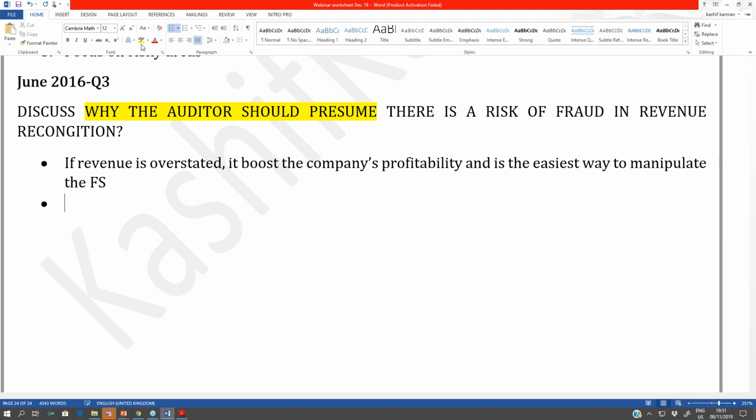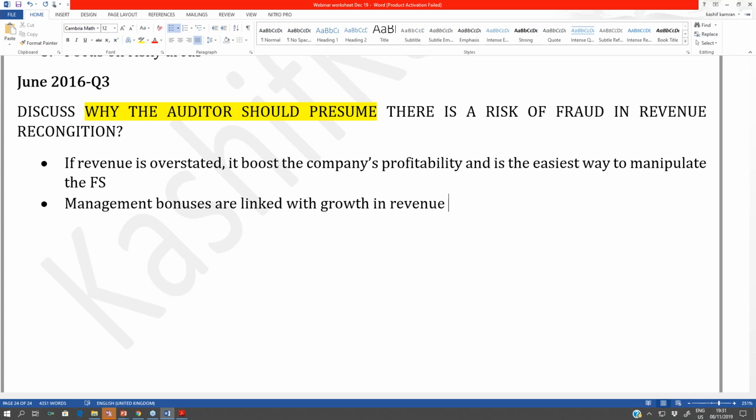Number two, management bonuses are linked with growth in revenue. A lot of the time, the management gets bonuses on the growth in revenue.